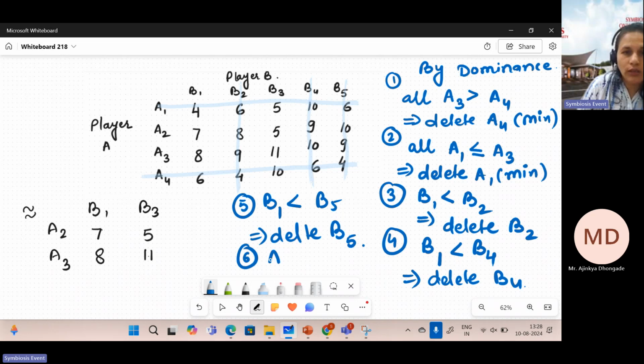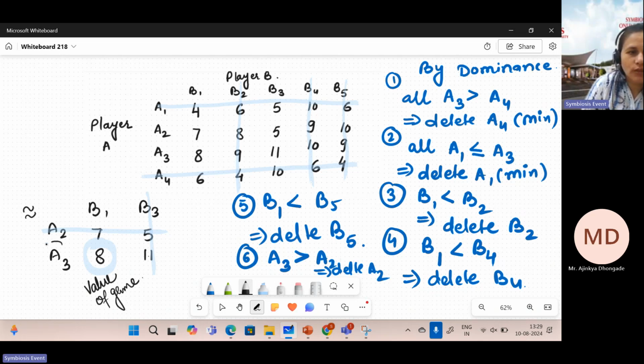So A3 is greater than A2. So which one are you going to eliminate? Delete A2, because rows are minimum. Again, 11 is greater than 8, so I can eliminate it. What is left? You got 8, and this is nothing but my value of the game.